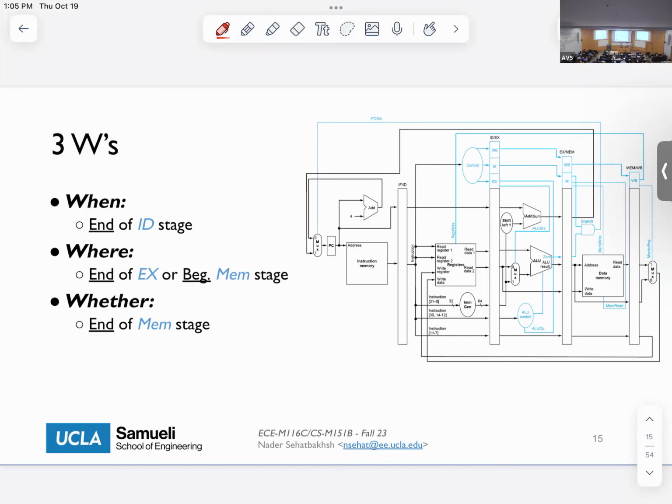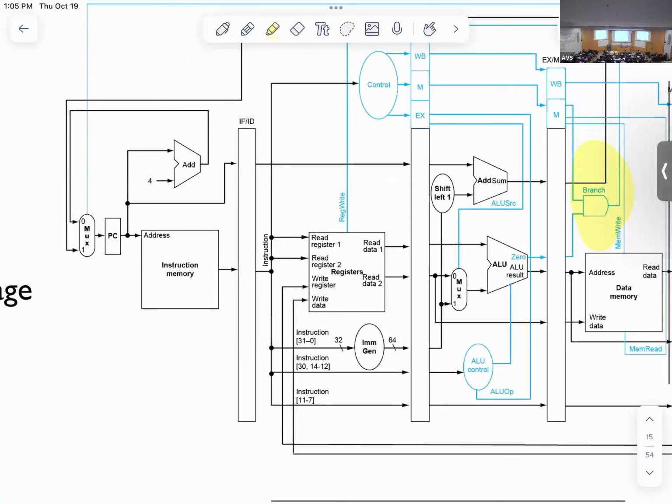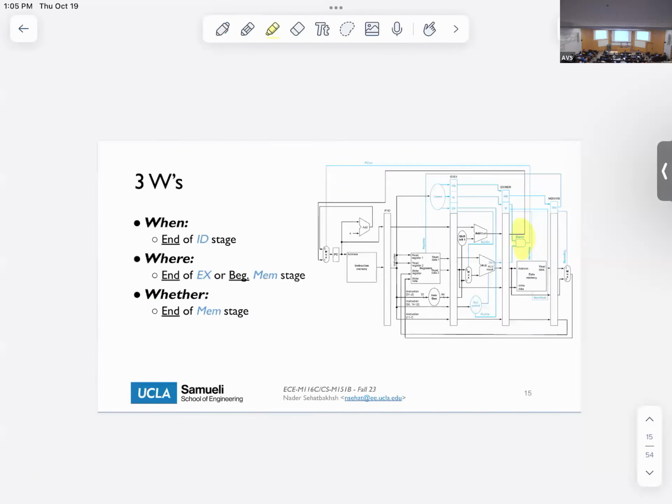The where part is either at the end of the execution stage or the beginning of the memory stage. And the whether part is at the end of the memory stage, because we put that AND gate in the memory stage. This is where we're going to know whether this branch is taken or not. Any questions from these three?